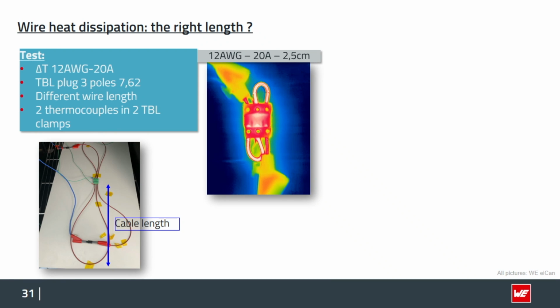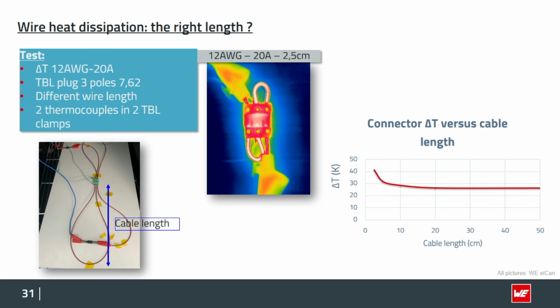So the general question was, how long should the cable be to draw as much energy out of the connector as possible? And this is what we can see here in this little graph that we found out. If you look at a length of about 10 to 15 centimeters, the dissipating effect of a connected cable is the highest.